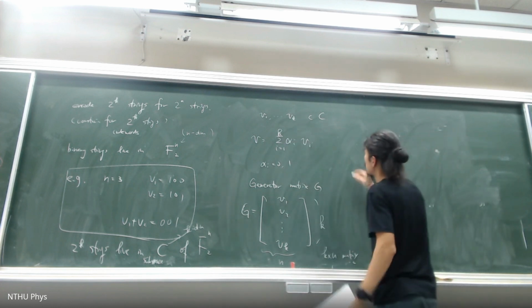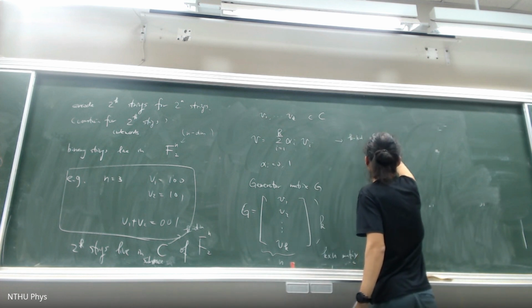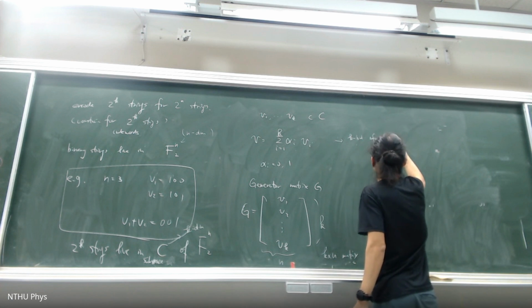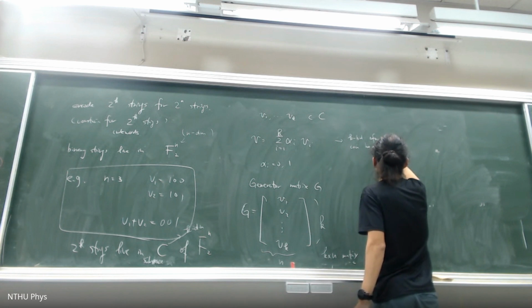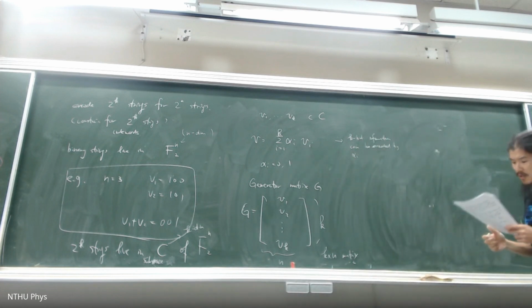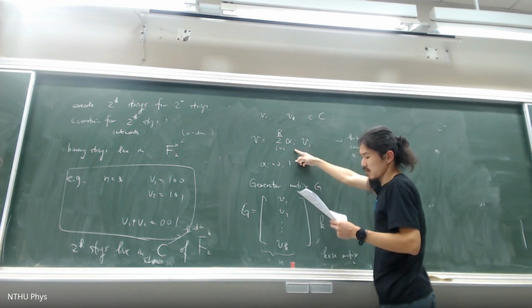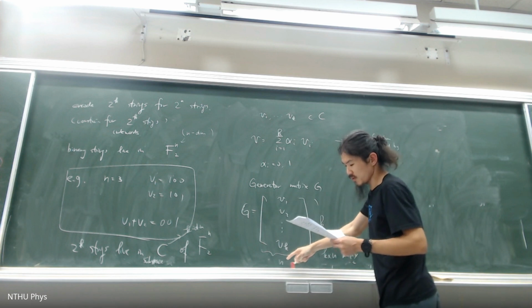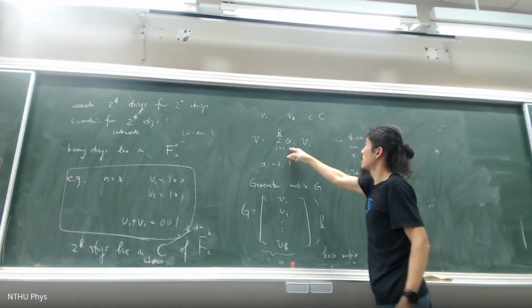So k bits of information can be encoded in alpha i, right? Because alpha also forms an array. So I can consider this V, denoted by this alpha, as a superposition of these.